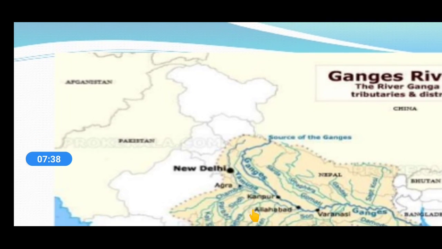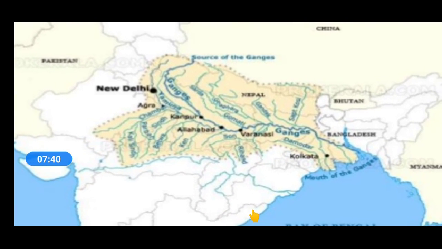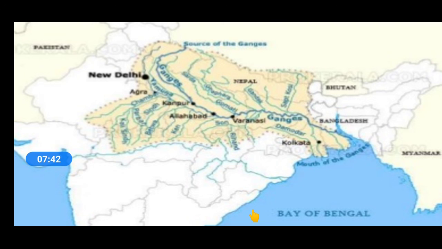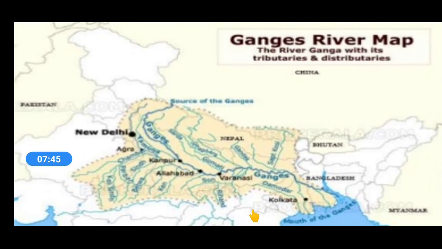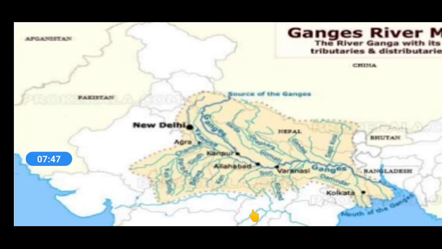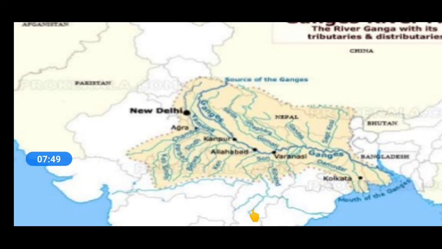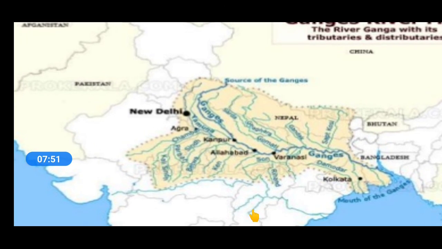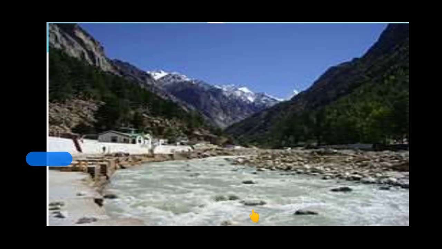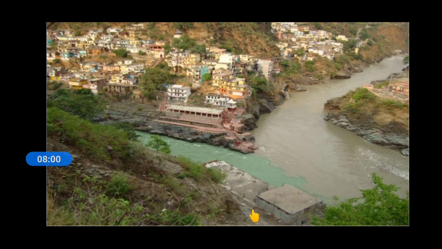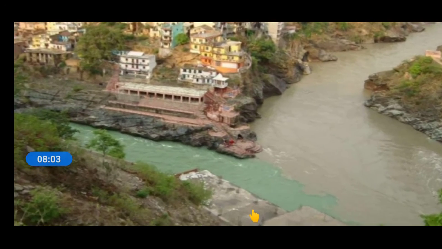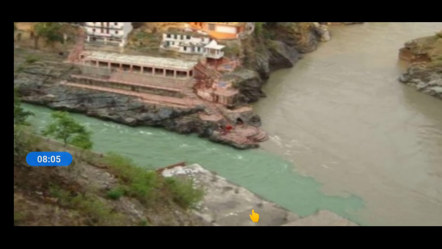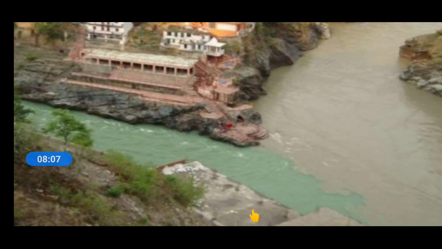Here is the Ganga river basin system. I hope it is clear to you. You can see the sources of the Ganga river, from where it starts and where it goes. This is a blurred image, but you can see this is the Ganga river. You can see the different water. Where do Ganga and Yamuna meet each other?